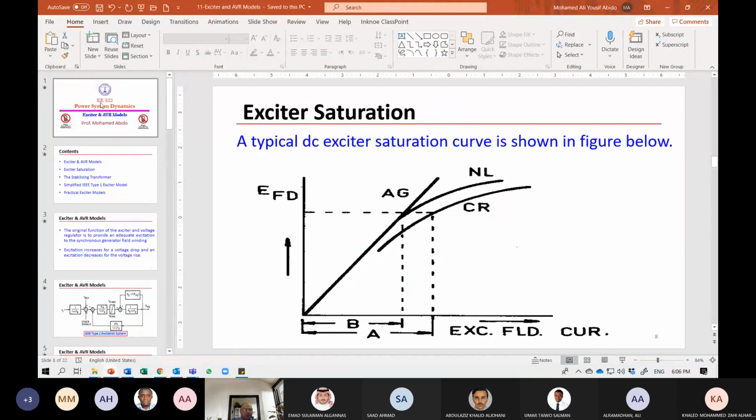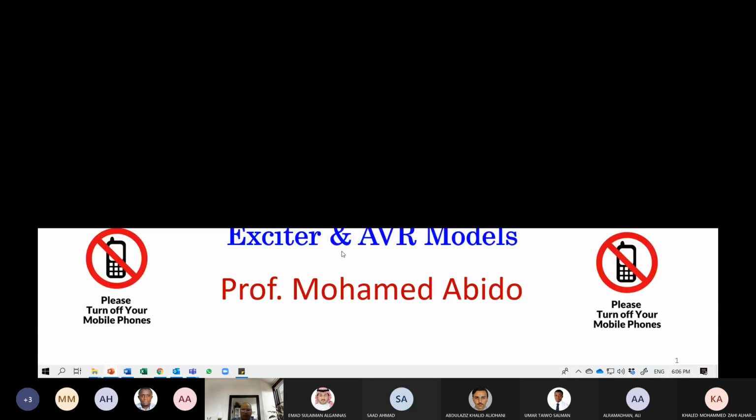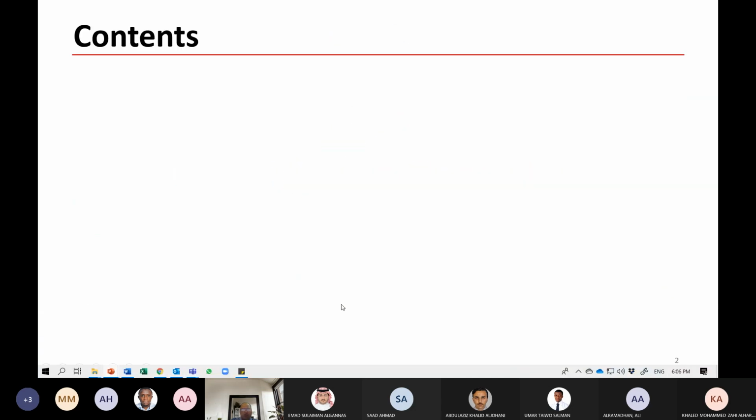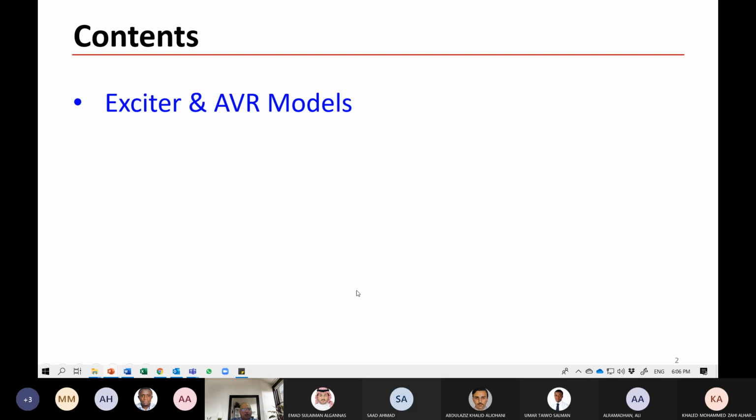So we have here the exciter model, exciter and automatic voltage regulator models. We will see the general model of the exciter and the automatic voltage regulator, and we will explain the blocks involved in this.